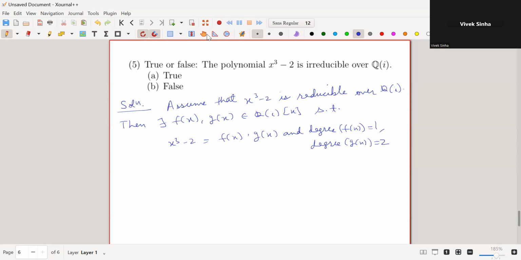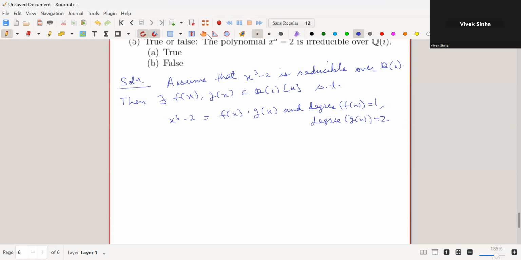That's what reducibility says, right? You can write it as a product of two non-units. Non-unit means the degree has to be greater than or equal to 1, and the sum of degrees should be equal to 3. So the only possibility is 1 plus 2. And again, g(x) may be a product of two linear factors or an irreducible polynomial of degree 2, that we don't care about, but it's a polynomial of degree 2.